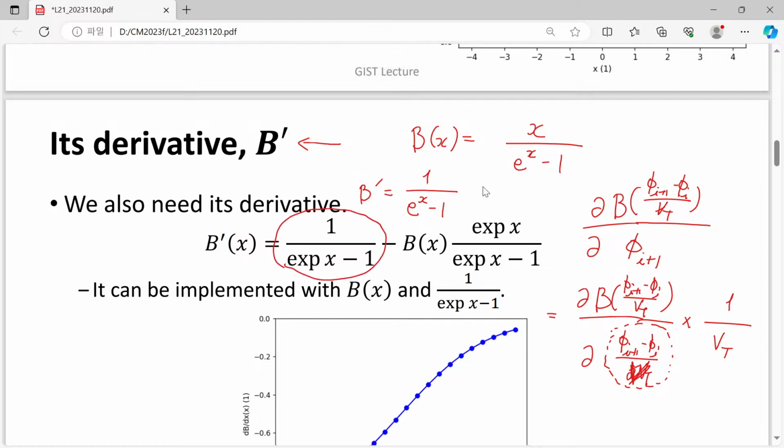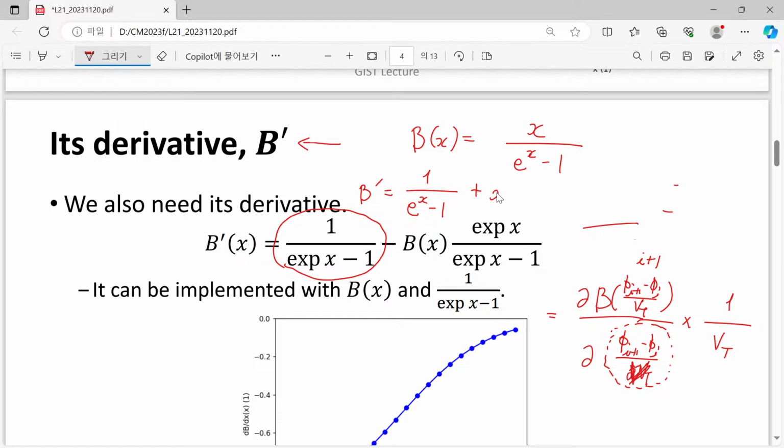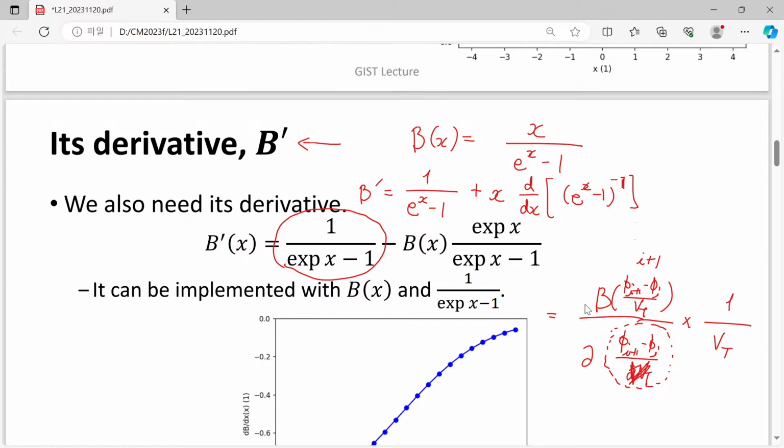And the second one will be, obviously, we keep the x and calculate d over dx of (exponential x minus 1) to the minus 1's power. That is not that difficult to evaluate.